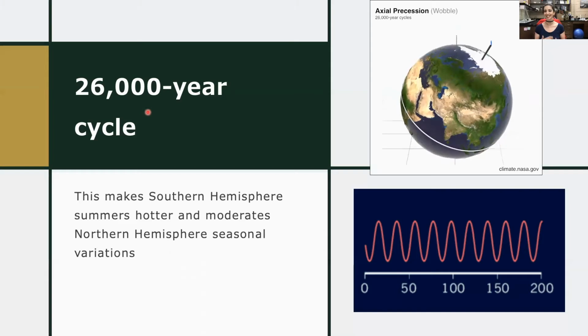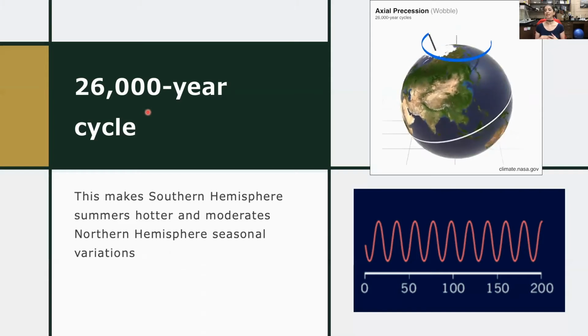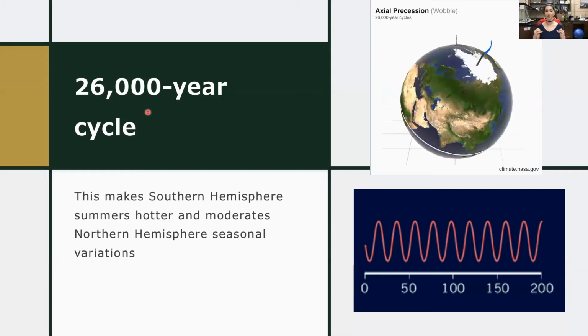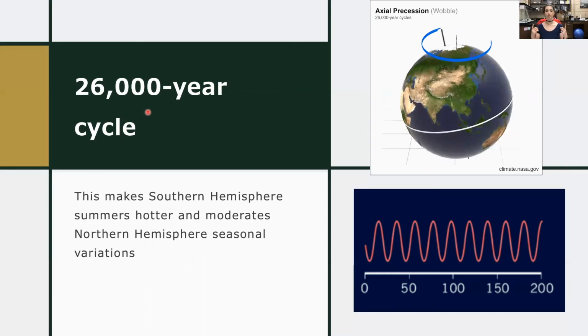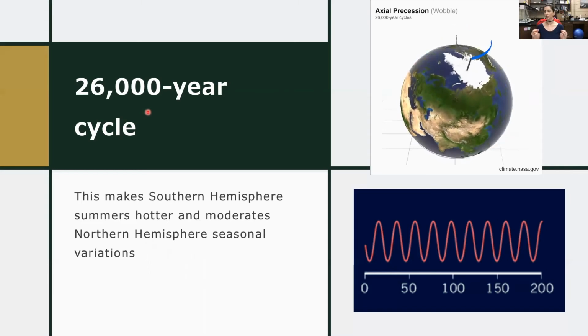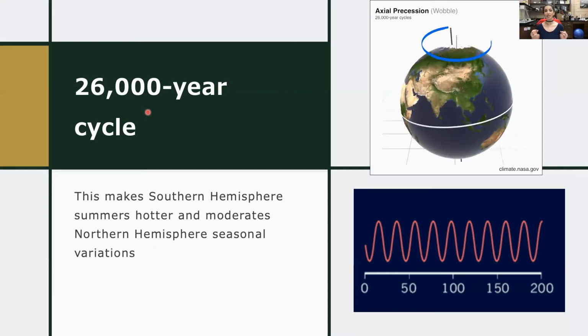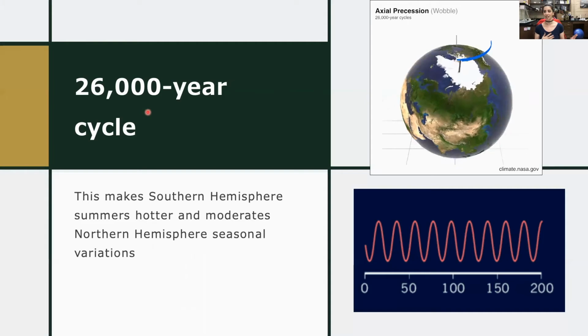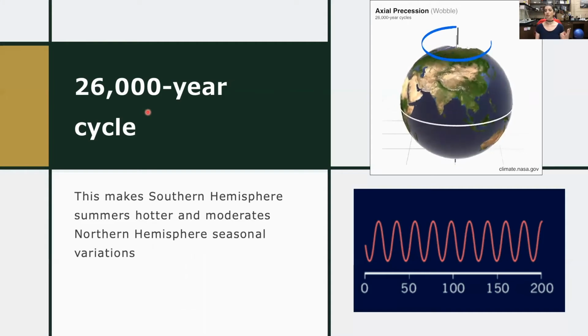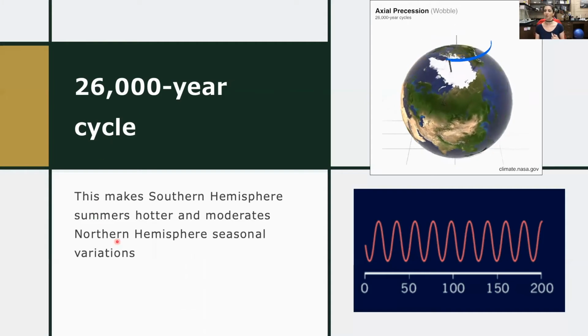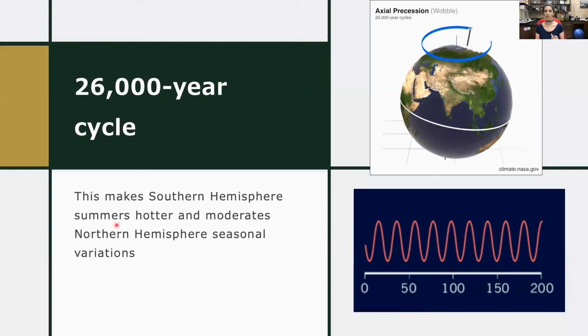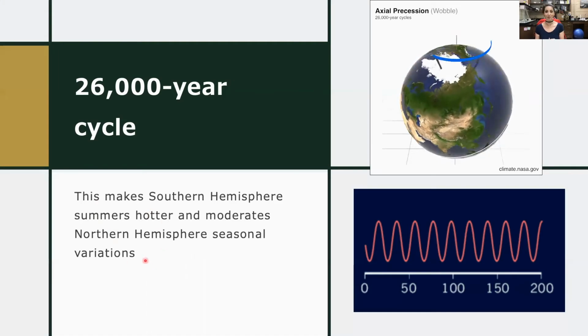This is a 26,000 year cycle. This makes the southern hemisphere hotter and moderates the northern hemisphere's seasonal variations. Now, what's interesting, in about 13,000 years, in the northern hemisphere, we are going to be experiencing those hotter summers, and the roles here will be flipped.